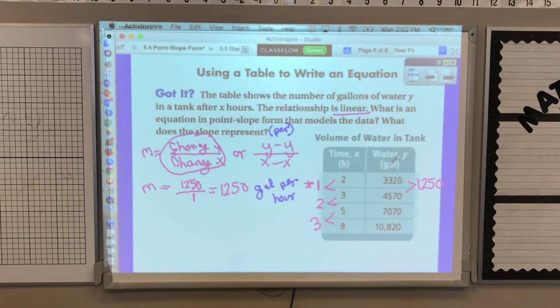Change in y per change in x. Gallons per hour. And so what that means is that the volume of water increases, so the amount of water in the tank increases by 1,250 gallons per hour.